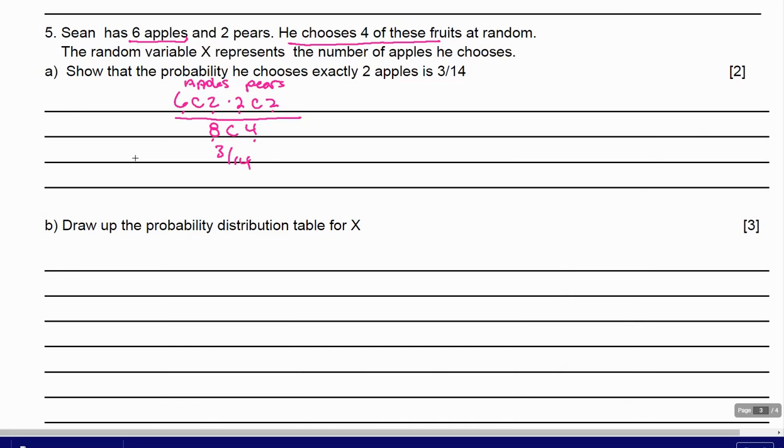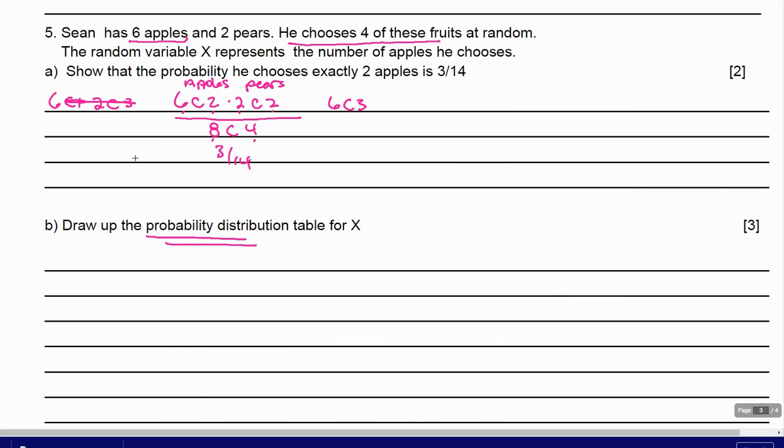All right, now we're going to make a probability distribution table, right? Is it possible to only choose one apple? It's not. And see, I can try it, but then what happens is that I have to have 3 pears, but I don't have 3 pears, do I? So that's not going to work. So I go the other direction. Is it possible for me to choose 3 apples?